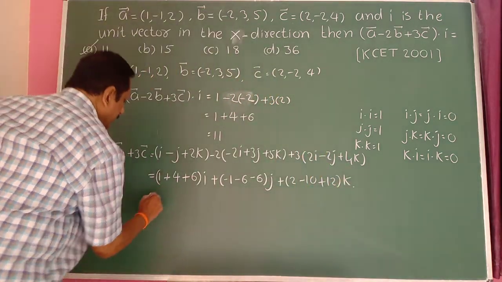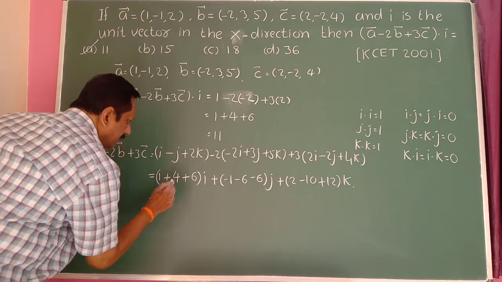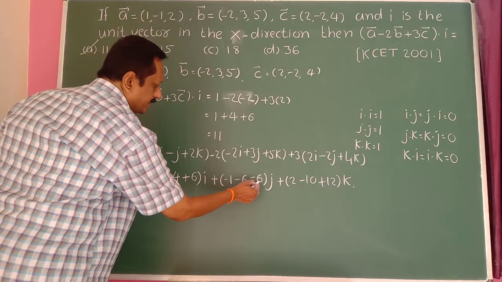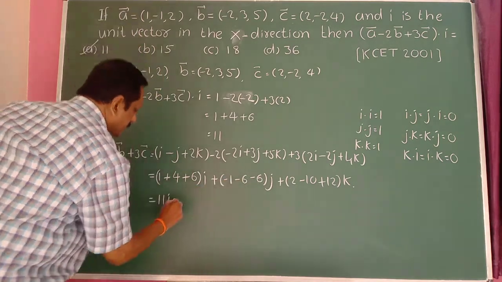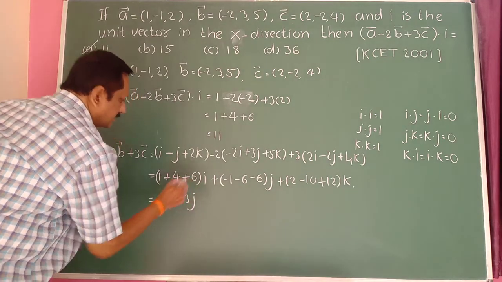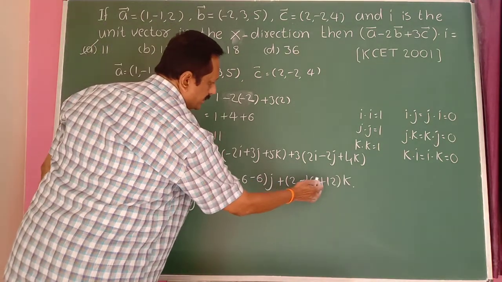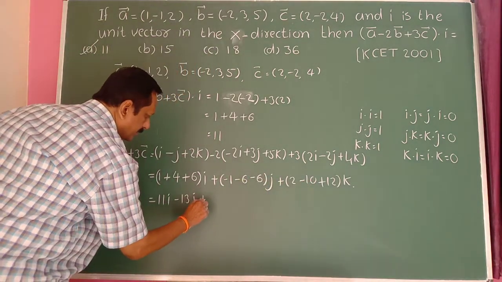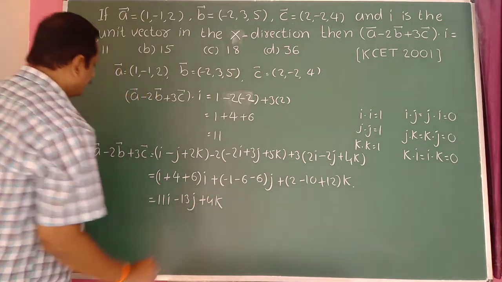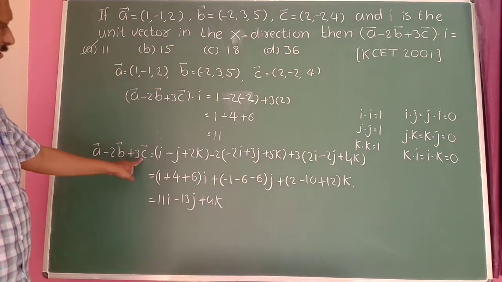Hence this becomes 11i, minus 6 minus 1 is minus 13 j, and 12 minus 10 is 2, 2 plus 2 becomes 4, plus 4k. Then obviously A bar minus 2 B bar plus 3 C bar is equal to this.